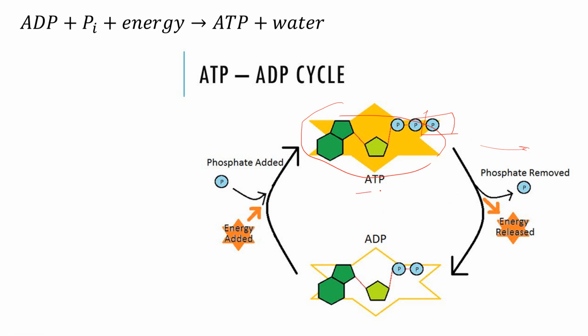The T stands for tri, which means 3, and the D stands for di, which means 2. So you've got the ADP there, and if you have the right things going on in your cell, a bit of respiration or whatever, then you can add that phosphate back on to make ATP again.